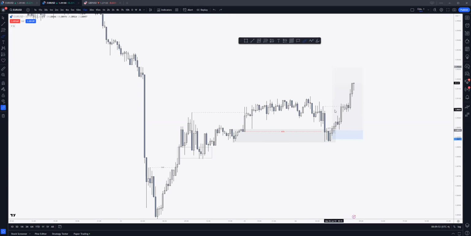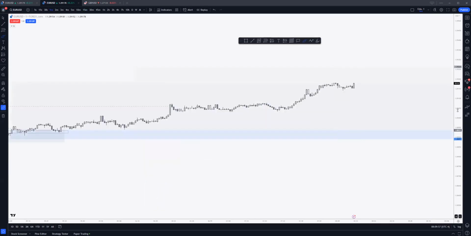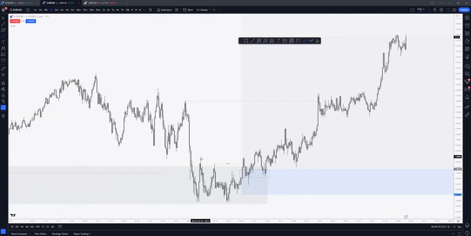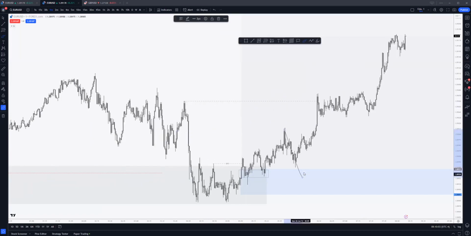Bare minimum, because what's going to happen is you're going to start tripping yourself up and say, oh wait, we're coming into this extreme, I'll go break even here. Comes down, reacts to this, for example, takes you out at break even, right? In this case it doesn't, but or you go break even above here, comes back, takes you out, right?